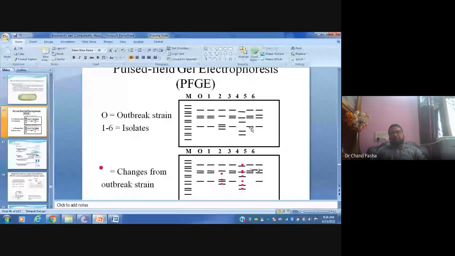Supercoiled, circular, or linear? Somebody answer this. Which migrates first? Which should travel first?